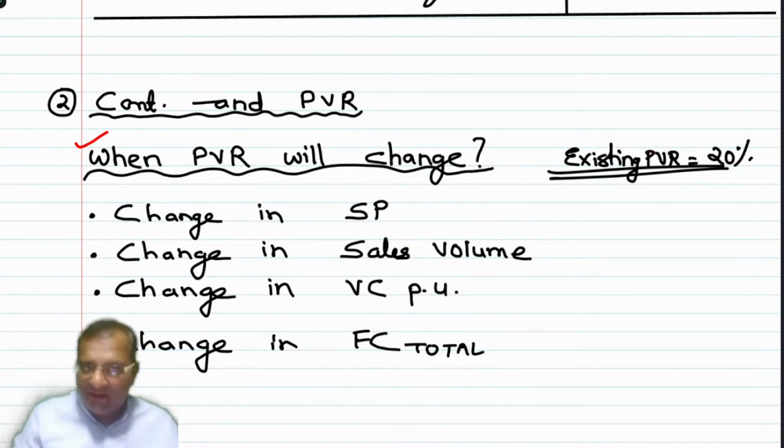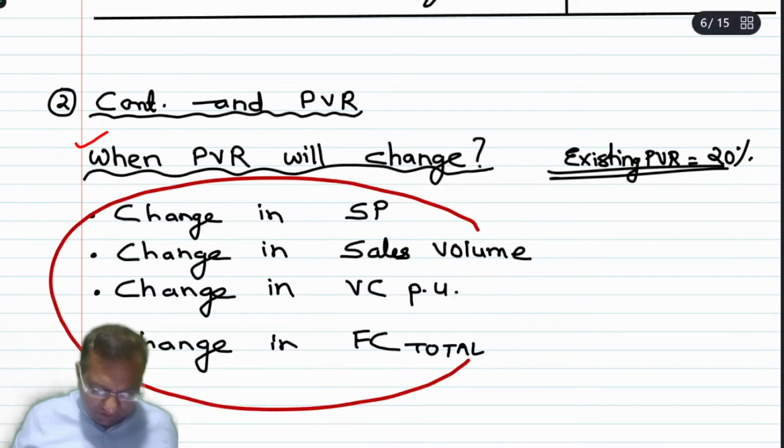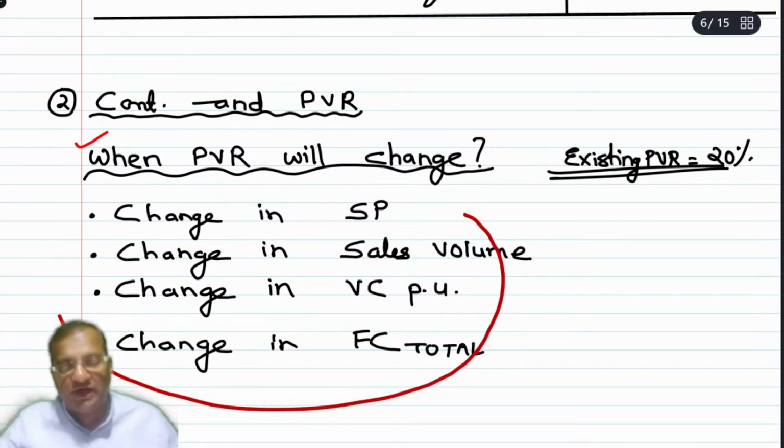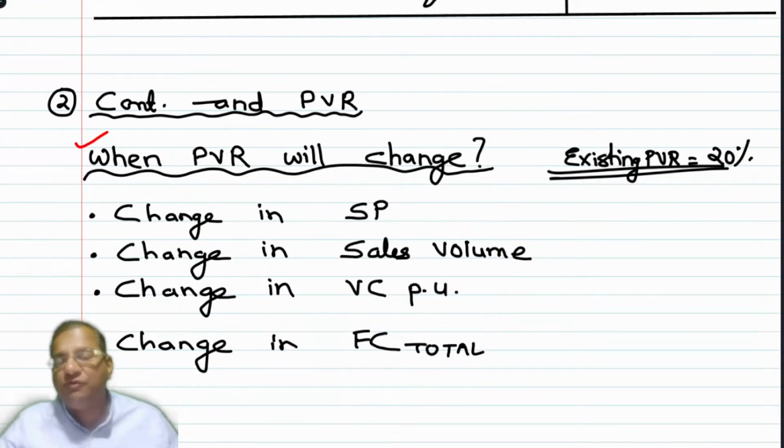So what you have to tell, beta? Today's PVR is 20%. You have to tell which of these 4 situations are the ones in which we cannot use the existing PVR. We have to calculate a revised PVR because due to that change, our PVR will also change. I'm giving you 2 minutes to look on your own. In which situations will my existing PVR change?